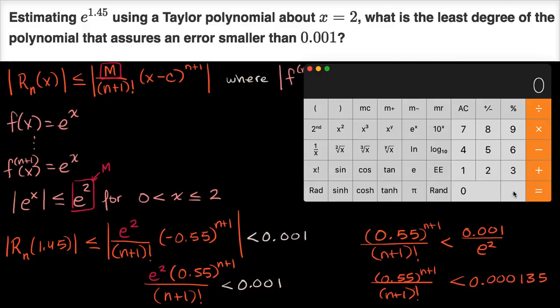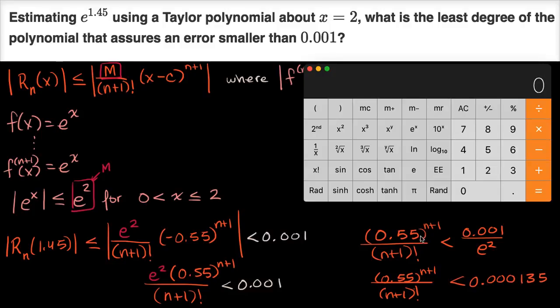So 0.55 to the 4th power divided by 4 factorial, which is 24. So that's nowhere near low enough.